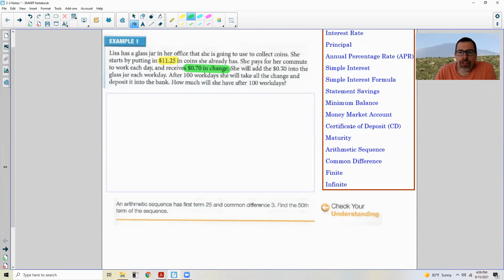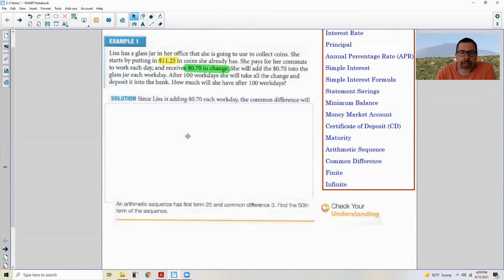She will add the 70 cents into the glass jar each workday. After 100 workdays, she'll take all the change and put it into her bank. How much will she save, or how much will she have after 100 workdays?